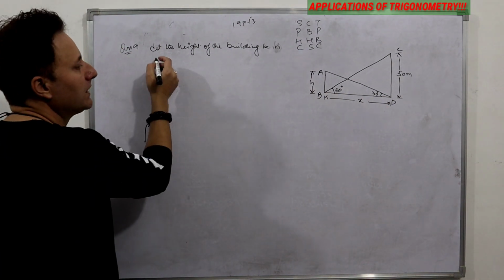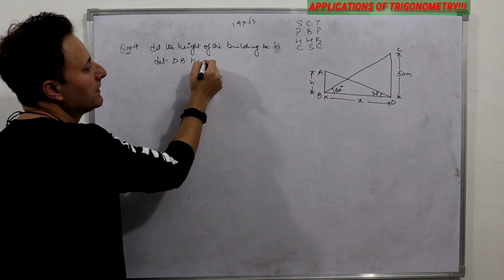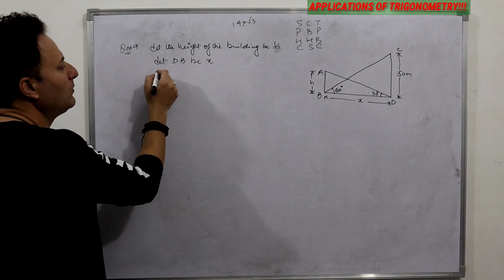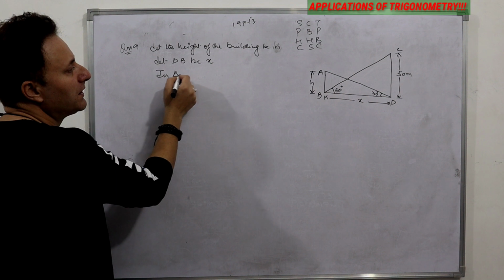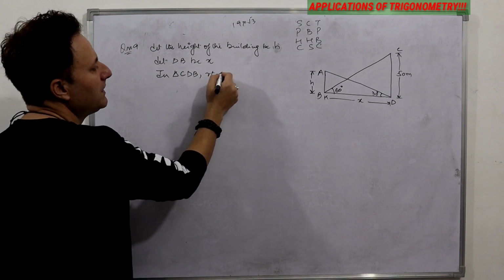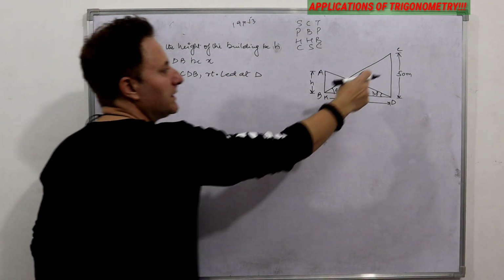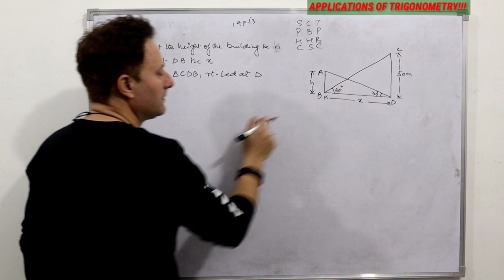So now I'll say let DB be x. Now in triangle CDB, right angled at D, I'm taking this triangle CDB.